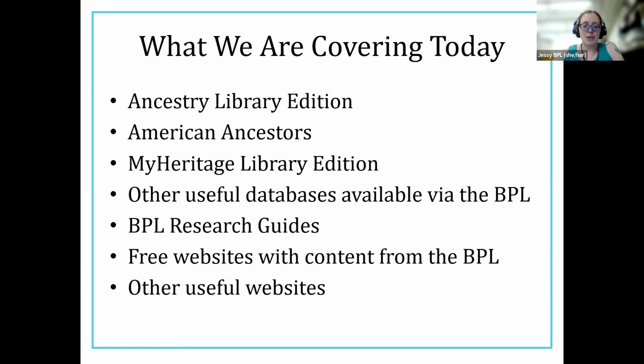They might also have the resources that I'm going to talk about today. We're going to talk about three of the bigger databases that we have here, which are Ancestry Library Edition, American Ancestors, and MyHeritage. We're also going to briefly go over some other databases that may be useful that you can get through the BPL, and some other free resources that you can check out.